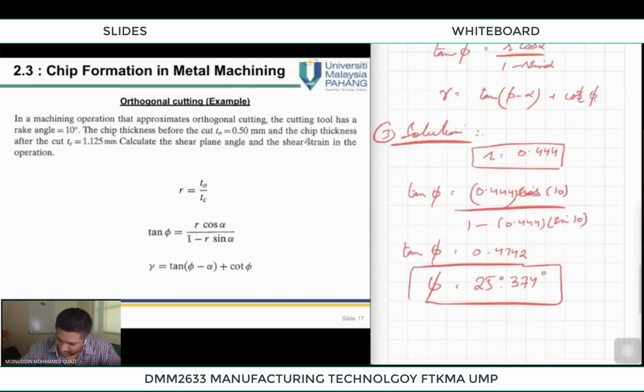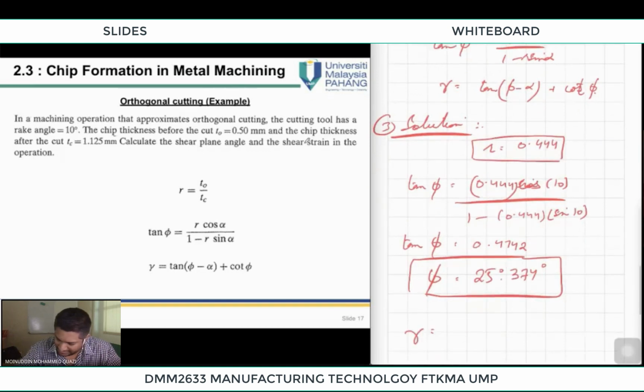This is phi. Gamma is equal to tangent of (25.374 minus 10) plus cot of 25.374.